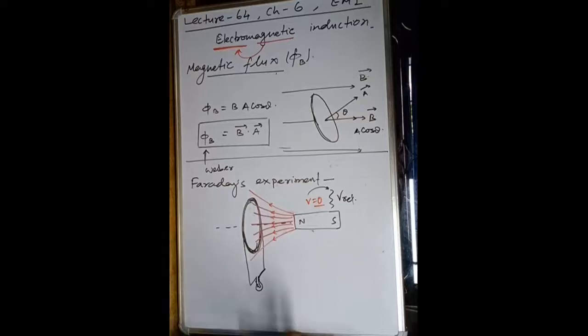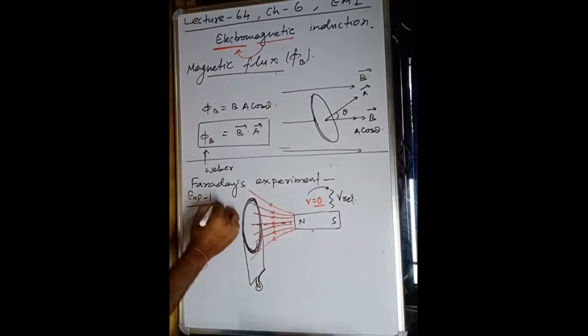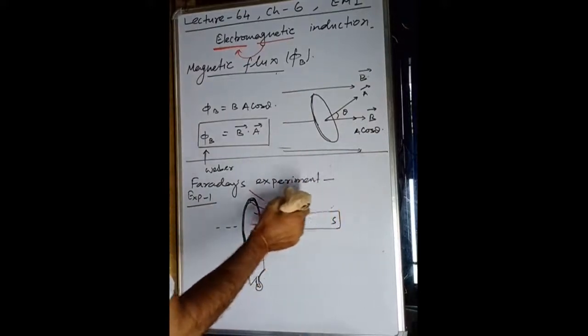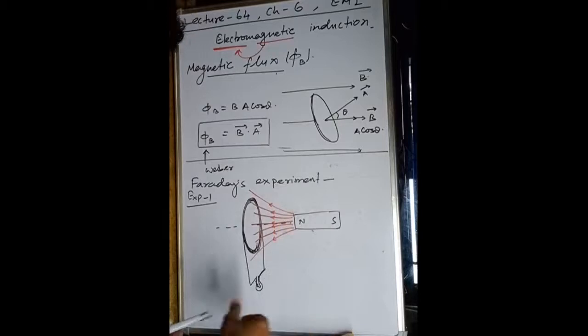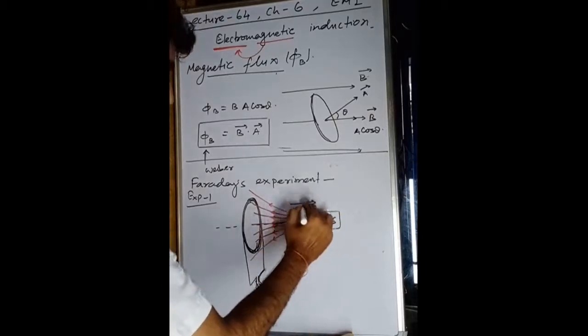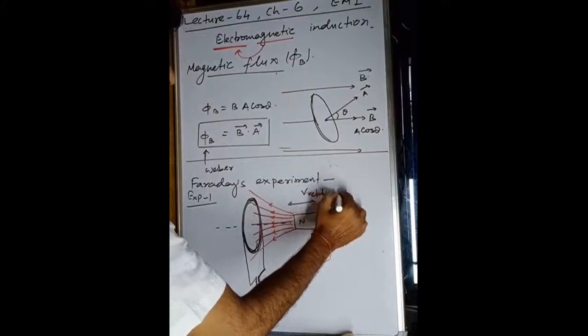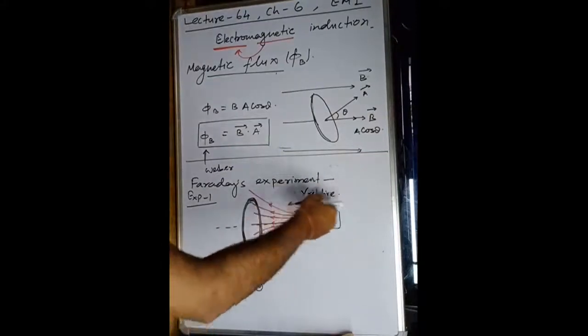So for the first experiment, you will give the heading Experiment 1. Here, we are going to give a relative velocity to this magnet, V relative. This magnet moves in this way.